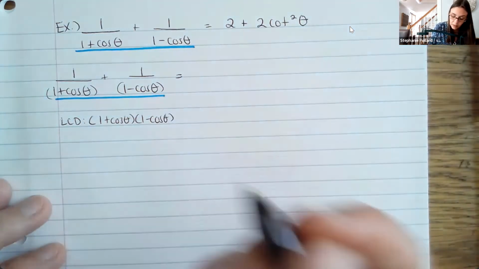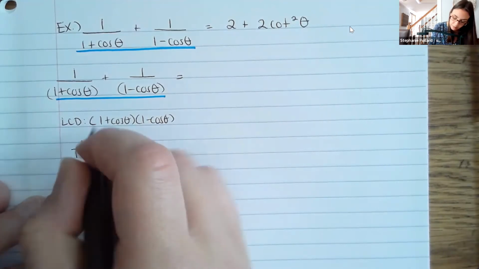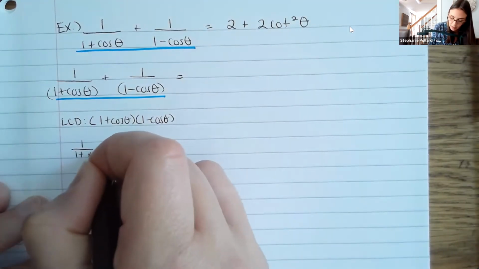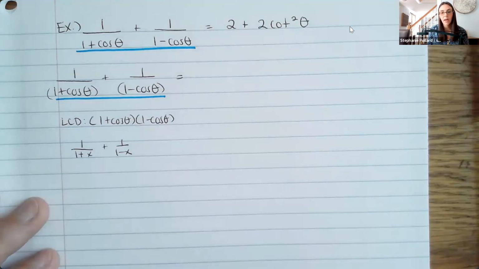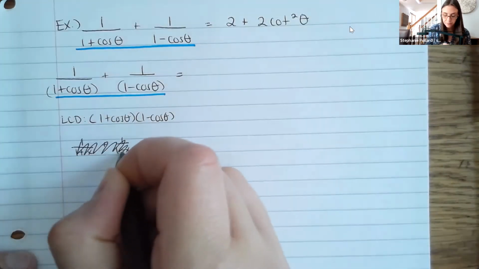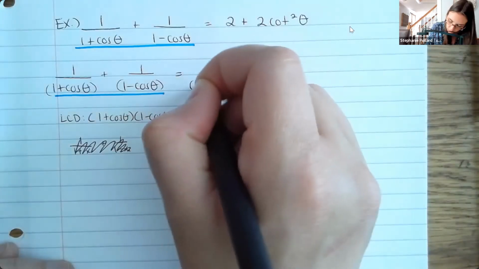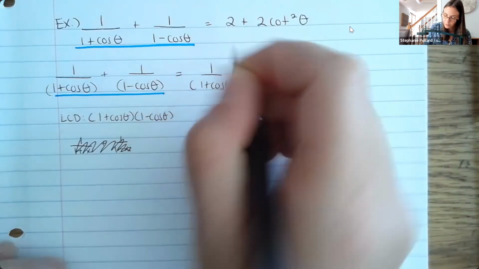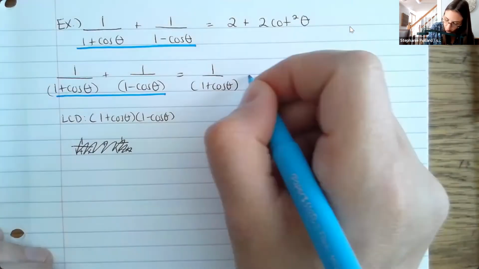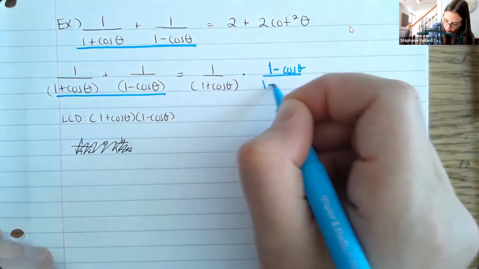It'd be very similar to the idea of if you had a problem like 1 plus x and then 1 minus x. You'd have to use the LCD of 1 plus x, 1 minus x. So it's a very similar idea to going back to that algebra. So for the first group, I'm going to multiply by 1 minus cosine theta over 1 minus cosine theta.